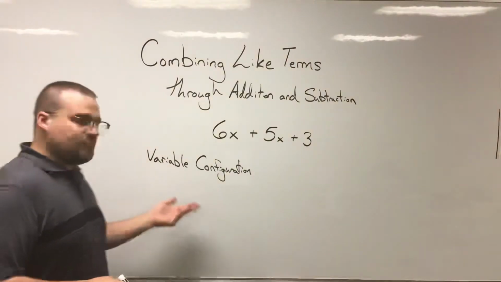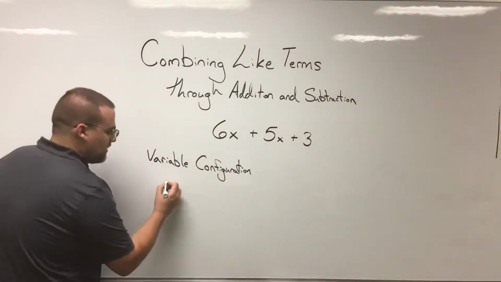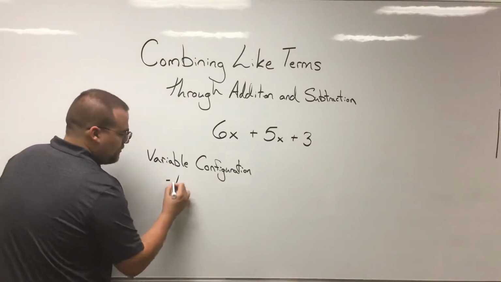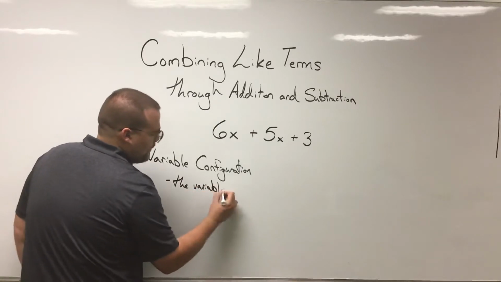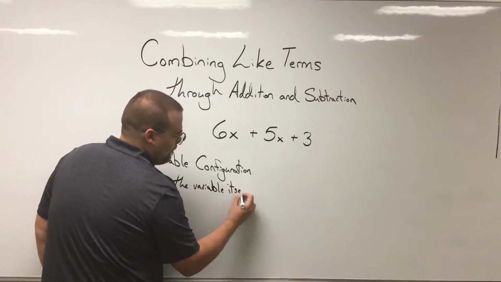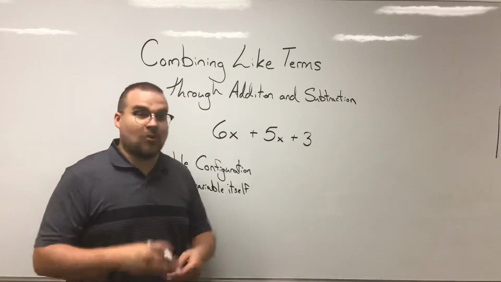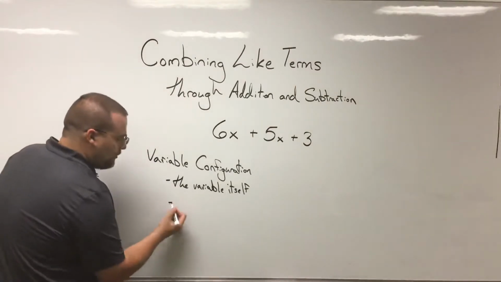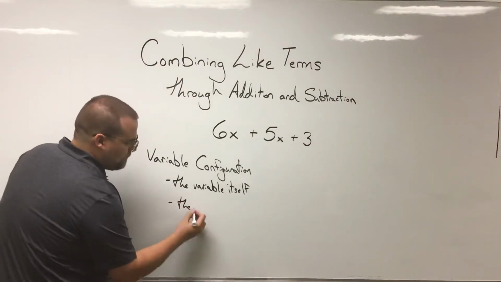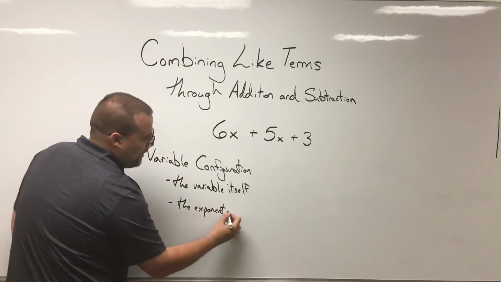And to me, a variable configuration consists of 2 things. It consists of the variable itself, meaning an x or a y or an x and a y, something like that. And then it also consists of the exponent of the variable.